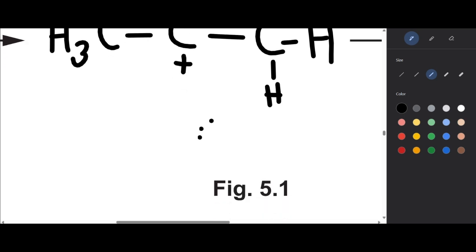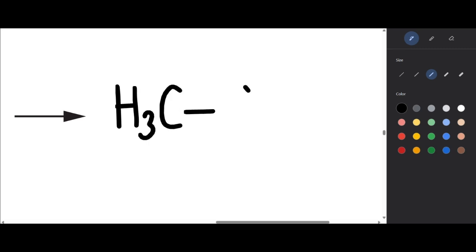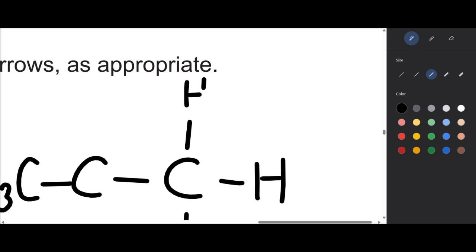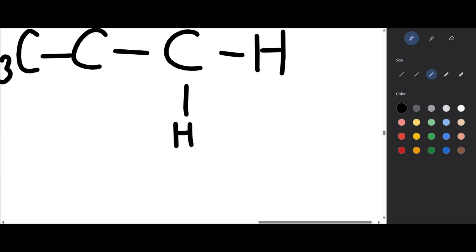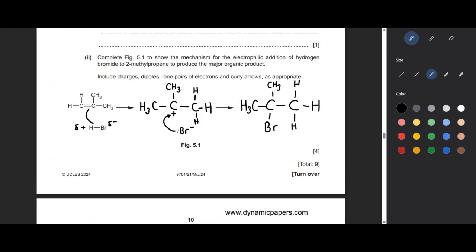And the Br minus gets into here, and it becomes H3C bonded with C, bonded with C, bonded with H, H, CH3, and Br. This is the final answer.